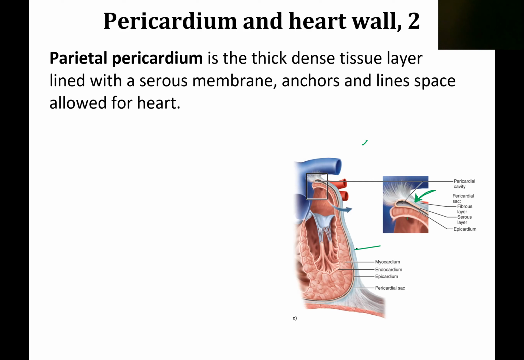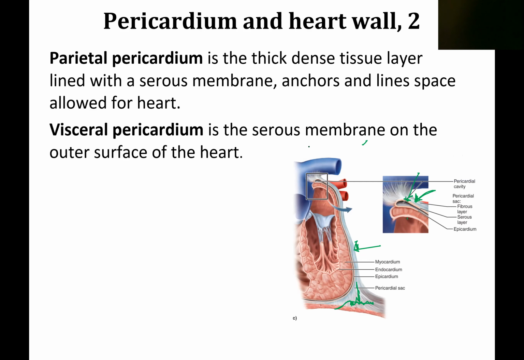So here, this white tissue, and yes, it's part of this, so it anchors it to the diaphragm and is a thick layer. There's a thin serous membrane towards the inside, which we can see here in this pink layer here.